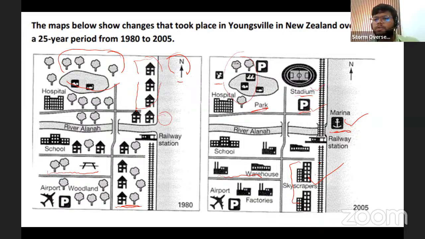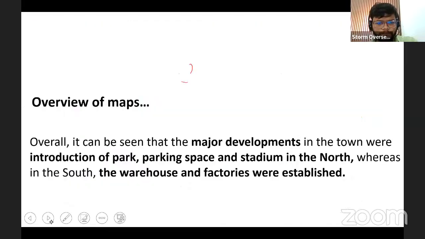Okay, let's write the overview of this map. As I said, it is very important to show the directions and corners. So what I have done is I have separated the changes as per the directions.